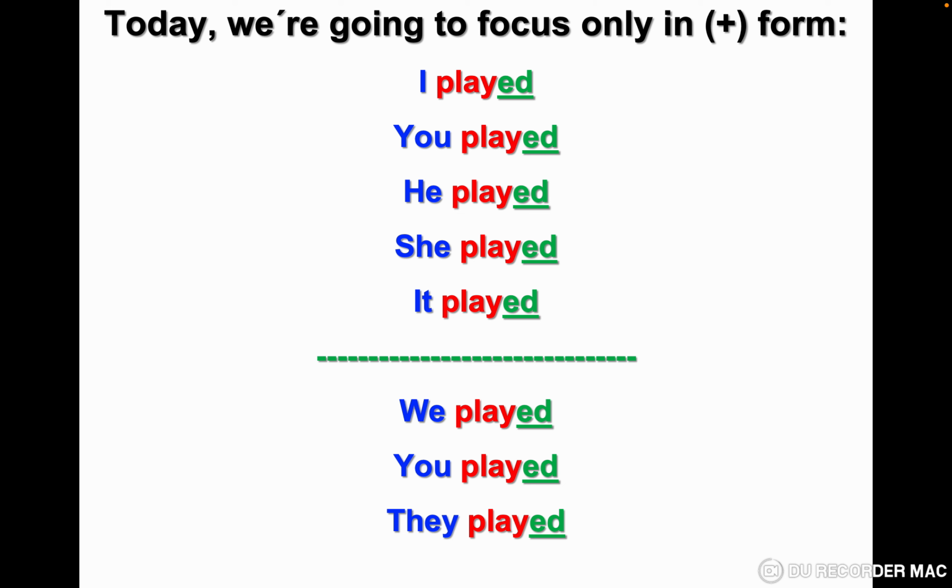Why? Because ed, we have it just in the positive form. We don't have it in the negative form. So the correct negative form is I didn't play football. Remember this advice. Let's go to the question. Some students write, did you played football yesterday? It's not correct.